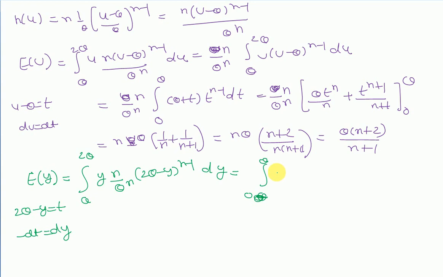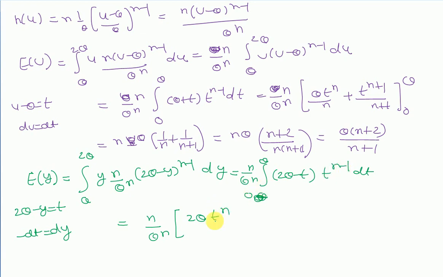So y equals 2 theta minus t, and we are writing t raised to power n minus 1 dt, and theta raised to power n, and theta raised to power n, (2 theta minus t) times t raised to power n minus 1.